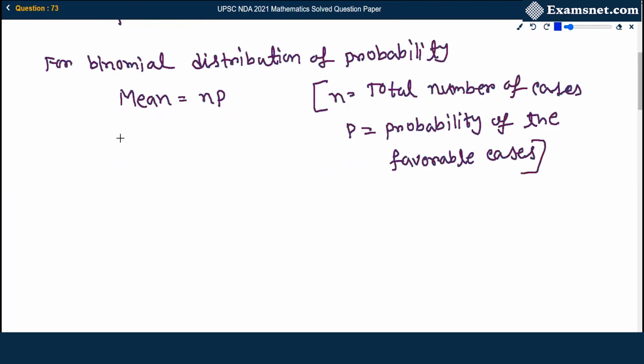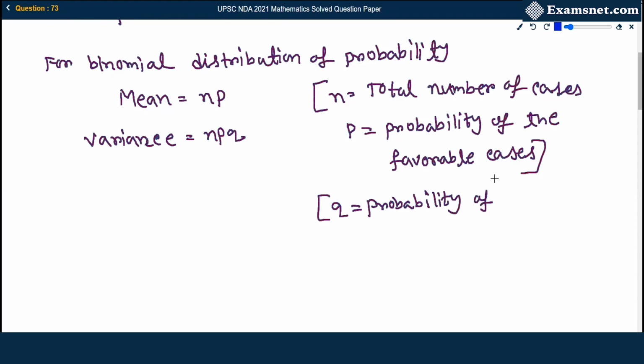Right? Next, variance. Variance can be found by product of N, P and Q, where Q is the probability of unfavorable cases, or we can say failure cases.